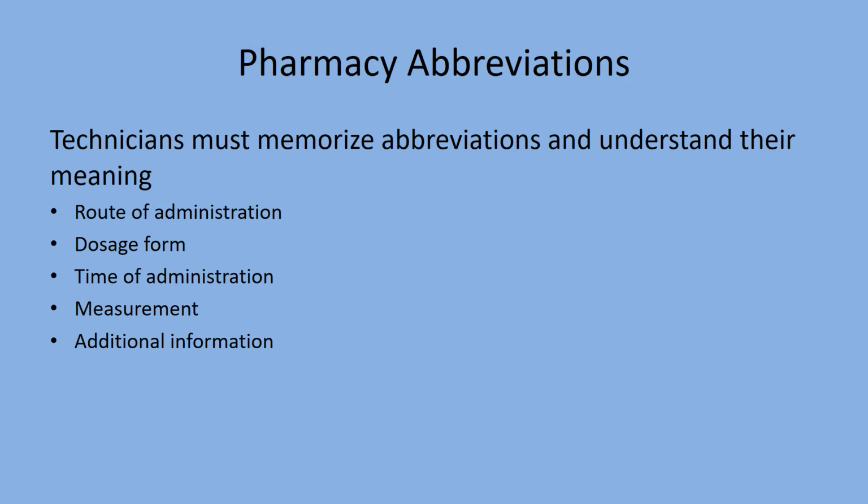Pharmacy abbreviations. So the doctor will use shorthand codes, and as you've seen in some of our assignments, they don't always give you all 6 elements. Be familiar with different routes, dosage form. So I mentioned tablets are not all the same. You can have extended release tablets, sustained release tablets, controlled release, immediate release.